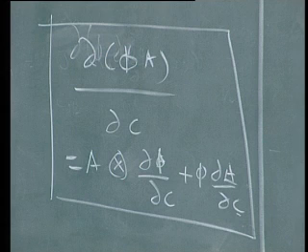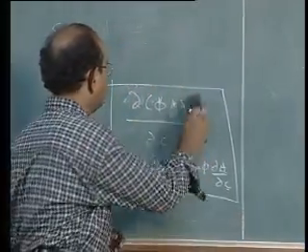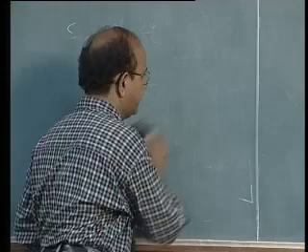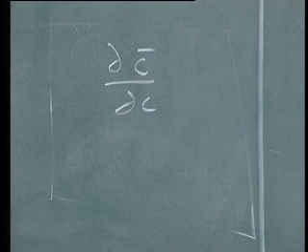Now I need one more quantity. You'll see why I need this. I want dou C bar by dou C. So how do I get that?